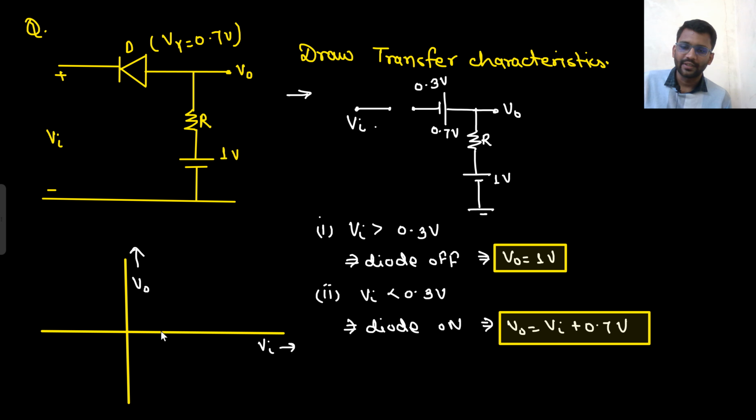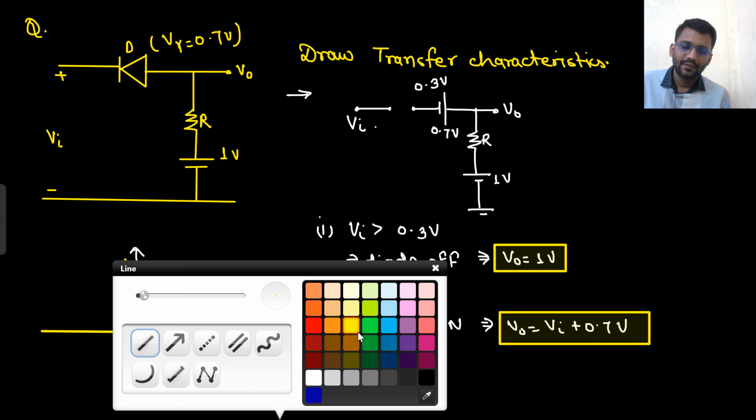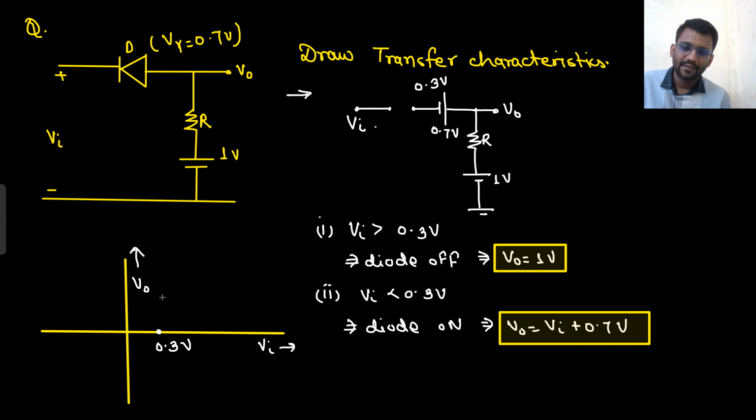What is our transition point? That is 0.3 volt. So for V in greater than 0.3 volt, V naught is always equal to 1.